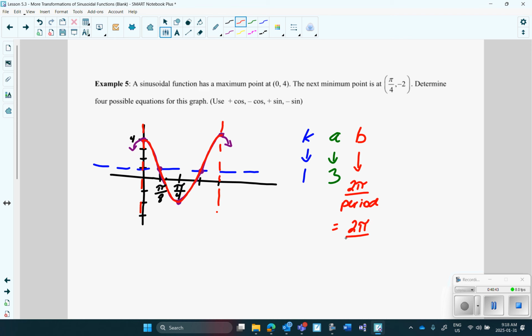And 4 pi over 8 is the same as pi over 2. So it's 2 pi times the reciprocal of pi over 2. The pi's cancel, and we're left with 4. B is 4.